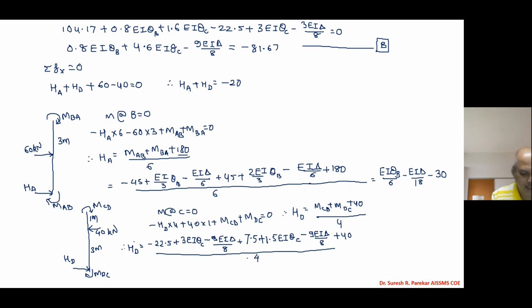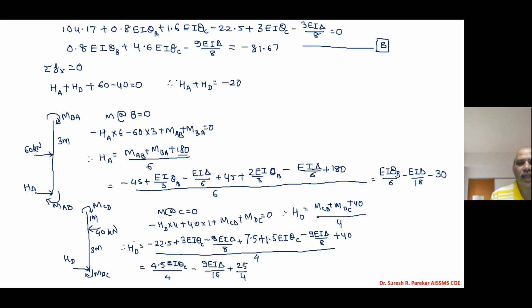And if we solve this, then we will get this value, that is 4.5 EI theta B, 4.5 EI theta C divided by 4 minus 9 EI delta divided by 16 plus 25 by 4. This is the value of HD.